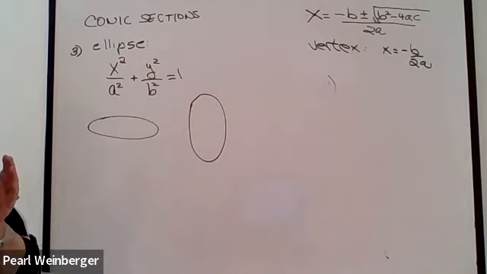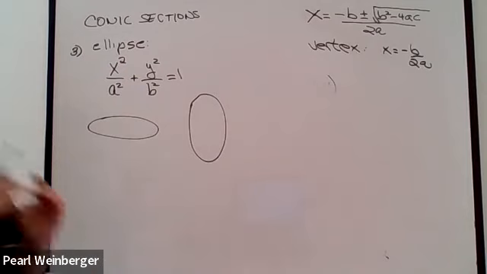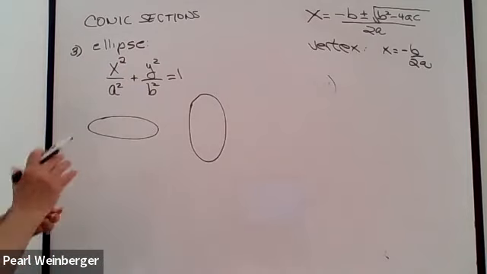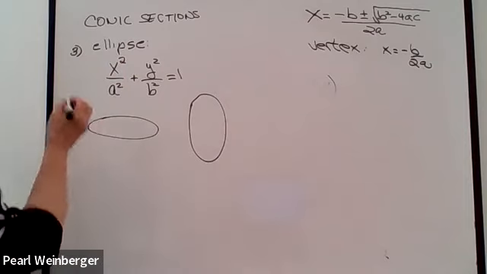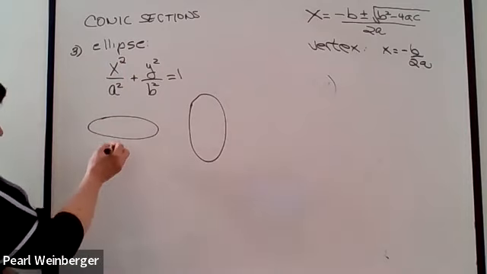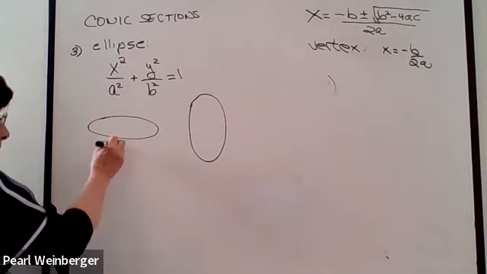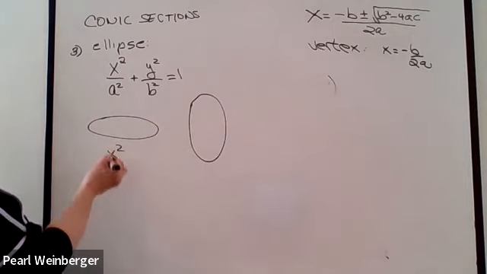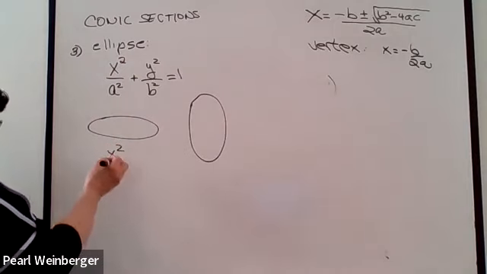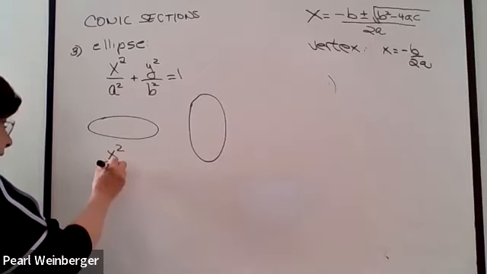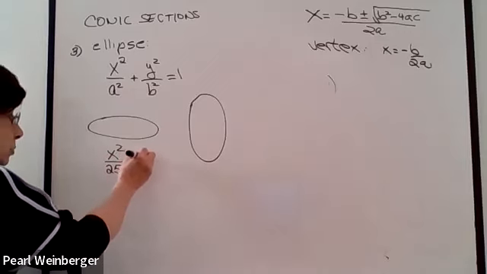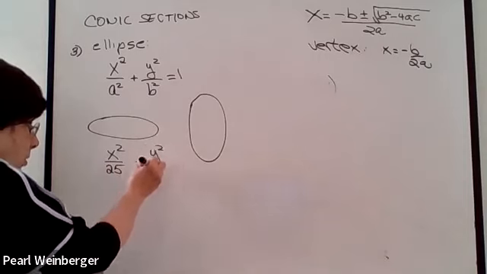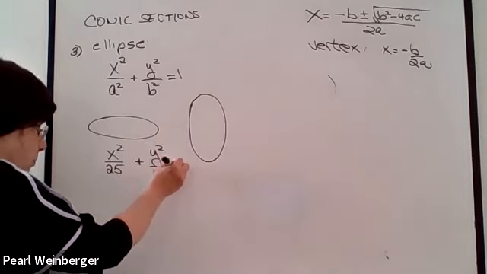There is a number either in front of the x squared or under the x squared. Sometimes it's written one way, sometimes the other, and I'll show you both ways. So one example of an ellipse in standard form could be something like this: x squared over 25 plus y squared over 9 equals 1.